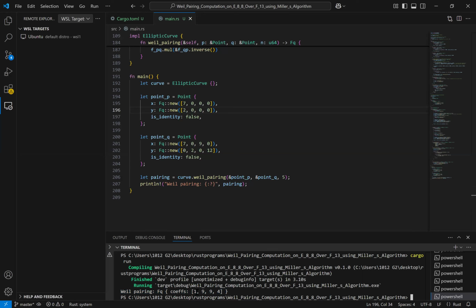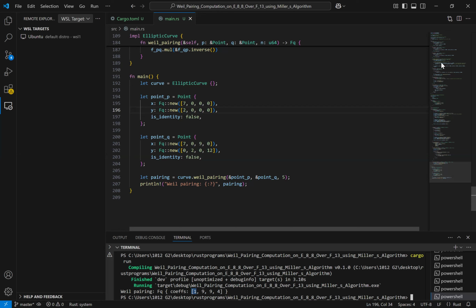The constant was coming first. So this is 1 plus 9t plus 9t square plus 4t cubed. So that's how it's doing that.